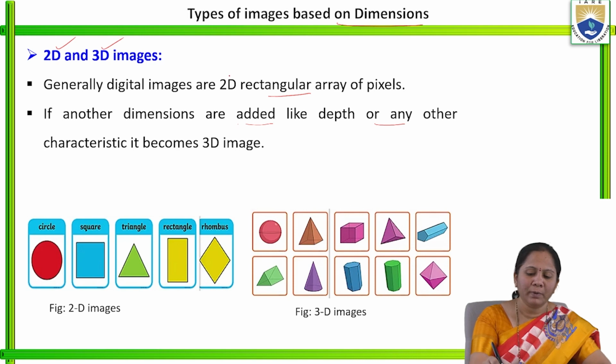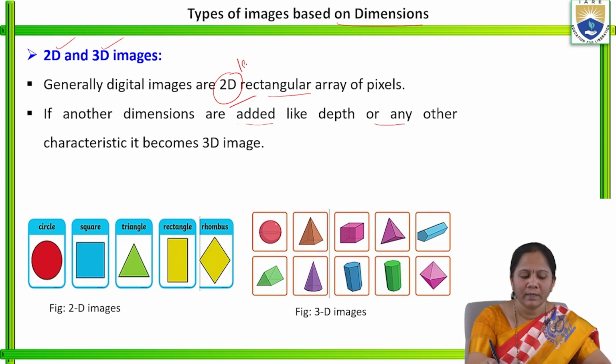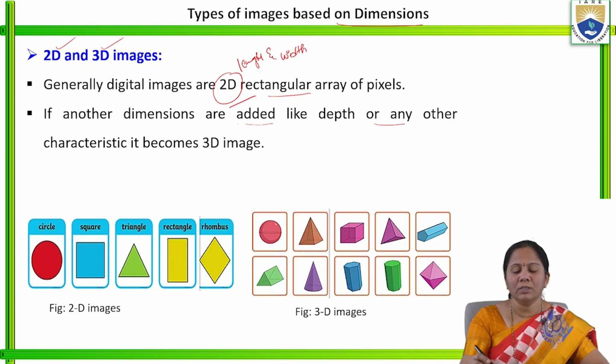images. For example, if you consider 2D images, the basic characteristics of 2D images will be length and width. So these are the two characteristics that will be available in 2D images.